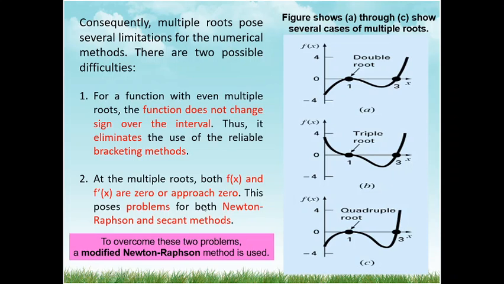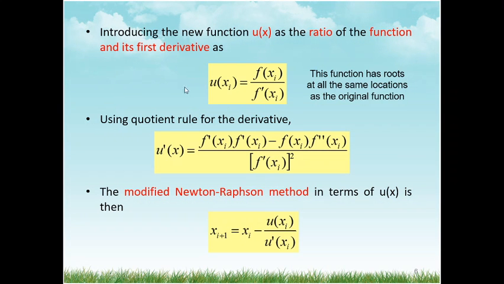When this situation happens, the Newton-Raphson and secant methods that we learned last week become ineffective. So this is the formula for the modified Newton-Raphson method. You can refer to your notes and see how it's derived.